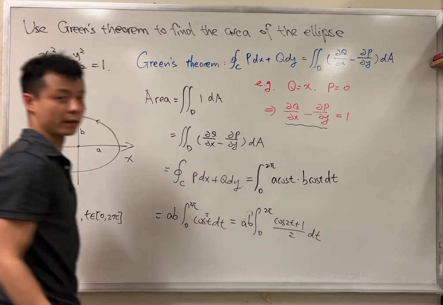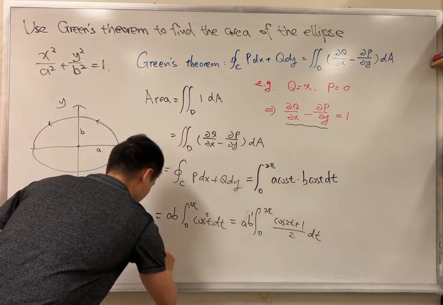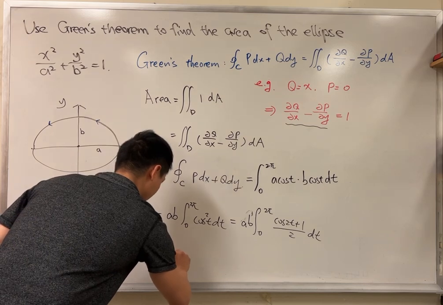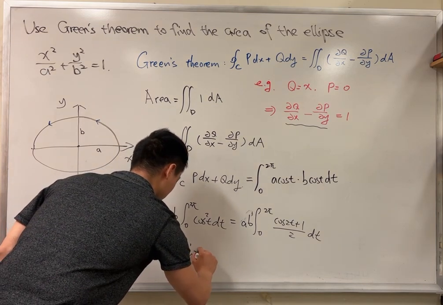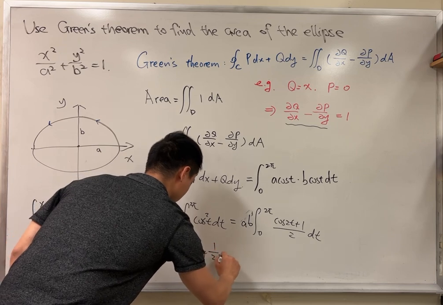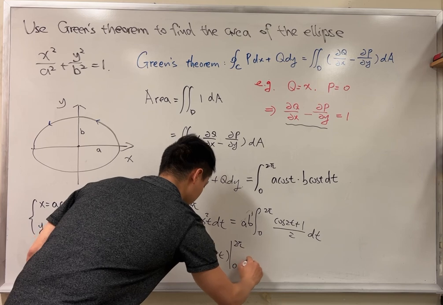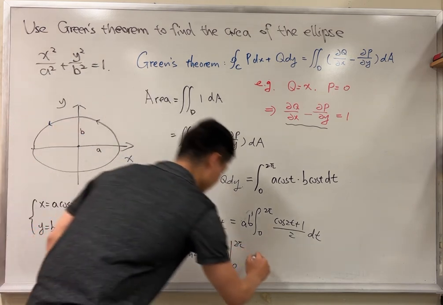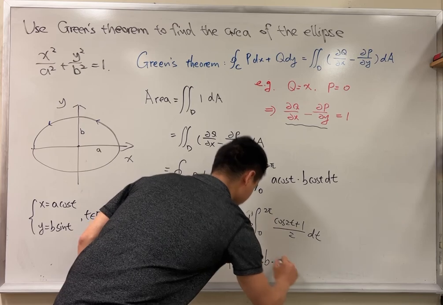Okay? And then we're going to find the antiderivative of this and apply the fundamental theorem. We then have this being (sin 2t)/2 plus t/2 ... with upper bound 2 pi and lower bound 0. Okay? And then that's going to be ab times pi.